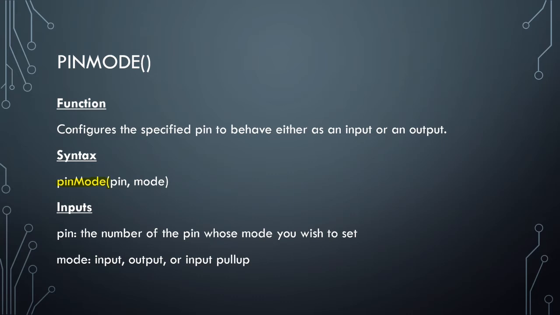In these parentheses, we have the pin number that we are setting, and you can refer to the map. That's why I talked about the map so much: you'll need to refer to it to select your pin numbers. Then you refer to your mode. Mode can be a couple different things. It can be set as an input, an output, or an input pull-up. We'll get into the pull-ups later, but most of the time you will be setting your pins as either an input or an output.